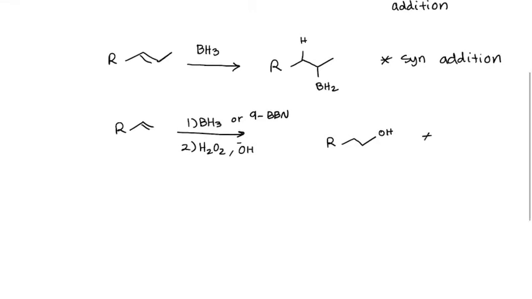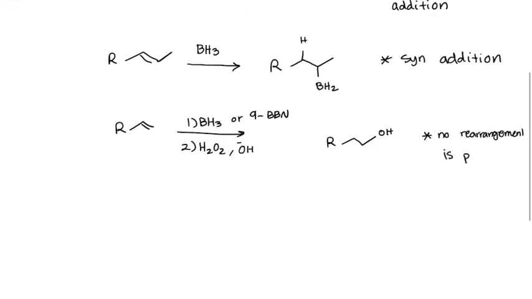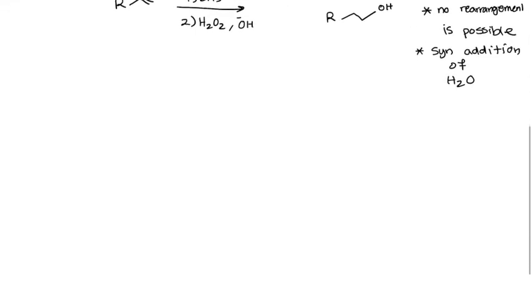And in this case, no rearrangements can occur. So no rearrangement is possible. And the final product is a syn addition of H2O, which we're going to see in the later examples in this video.